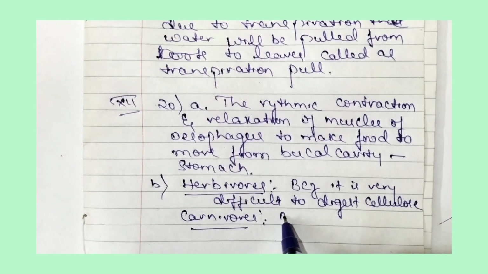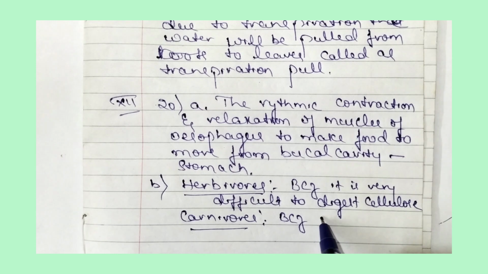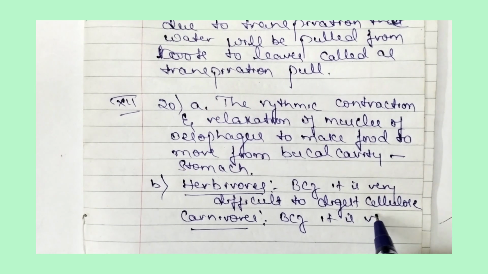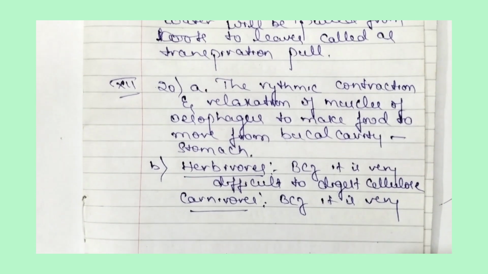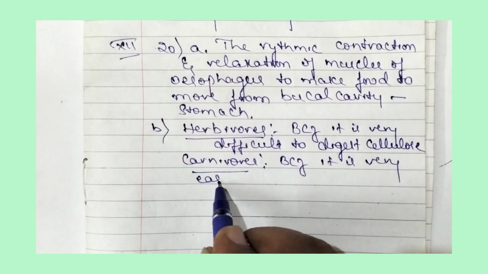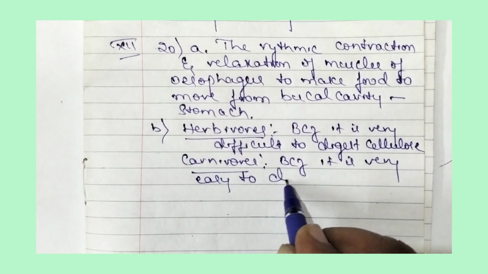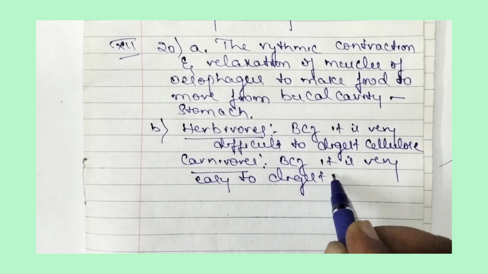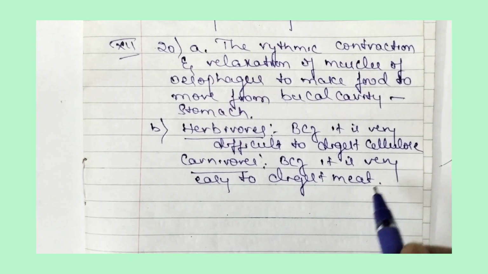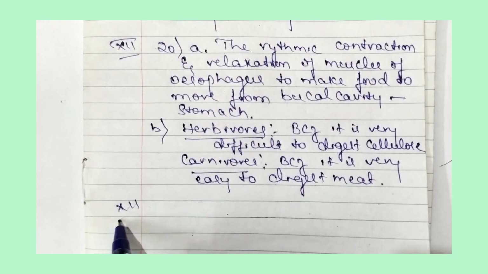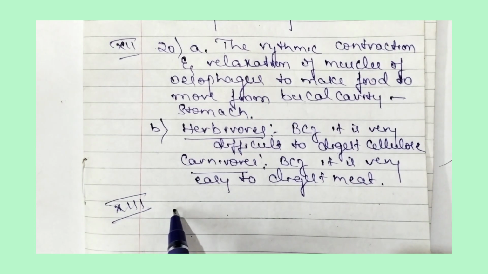Why do carnivores have a shorter small intestine? Because it is very easy to digest meat. So this is the answer for 12th main, 20th question.